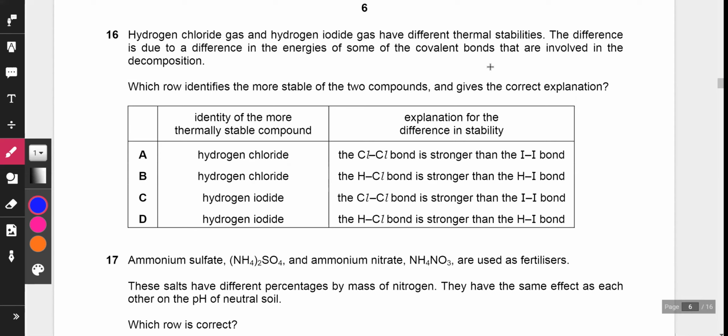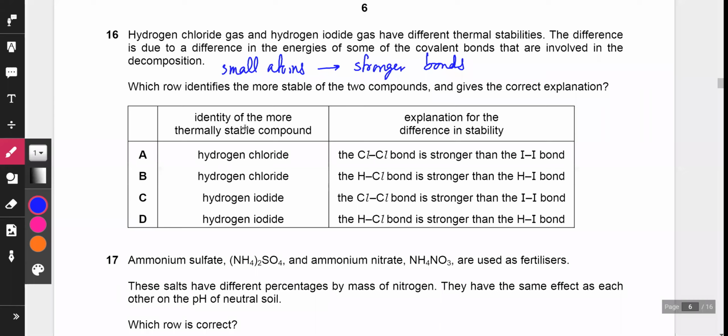So the next question is, hydrogen chloride gas and hydrogen iodide gas have different thermal stabilities. The difference is due to difference in the energies of some of the covalent bonds that are involved in the decomposition. Which row? Now remember, small atoms always make stronger bonds.